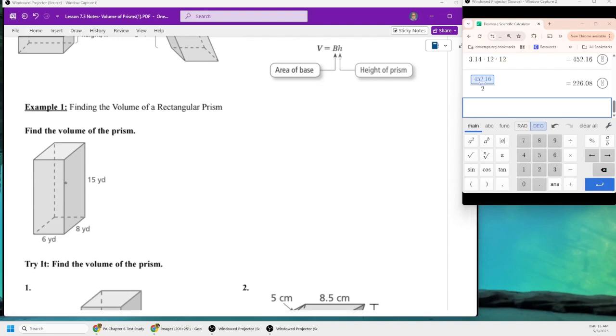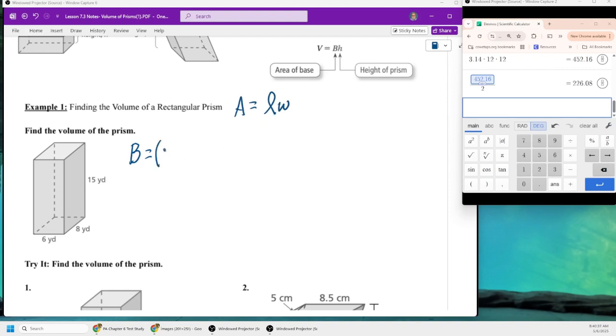Okay, so the base of this, we're going to call it that down here at the bottom. First of all, find the area of the base. In this case, our base is a rectangle, so it's length times width, right?